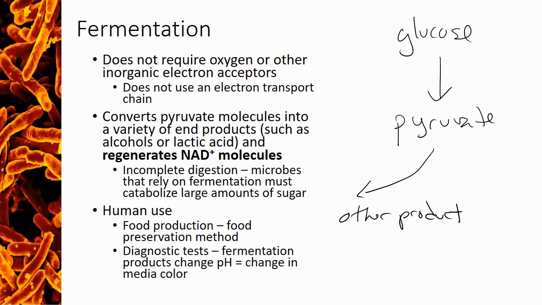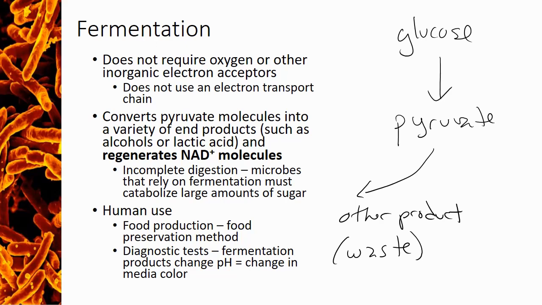This other product differs between species, but in all instances, it is actually a waste product. And so it's not used by the cell, but instead can be released from the cell. In fact, if too much waste product builds up, it can be detrimental to the cell itself.